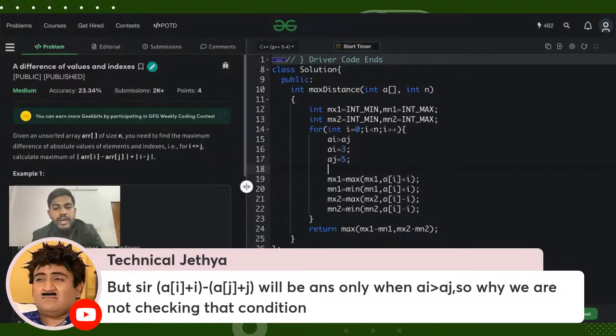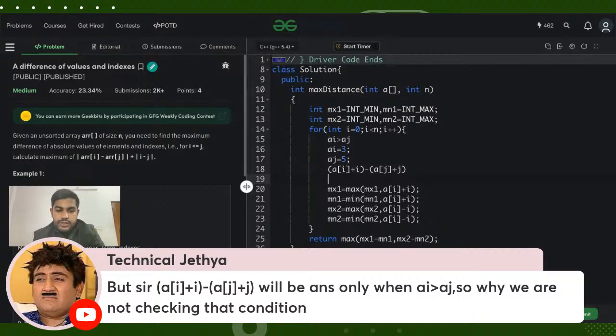If A of I is less than A of J, then what would happen is that this difference would be A of I added to I, and then A of J added to J. You can see that I would definitely be less than J. So this one would be 3 added to I, and this would be 5 plus J. Now you know that I is less than J. You know this condition is always there.